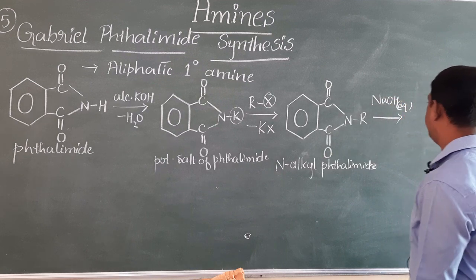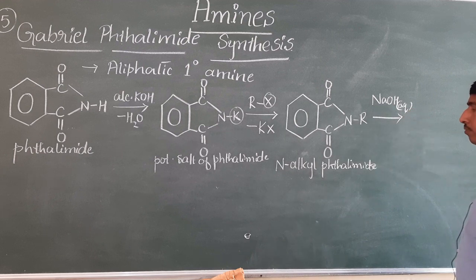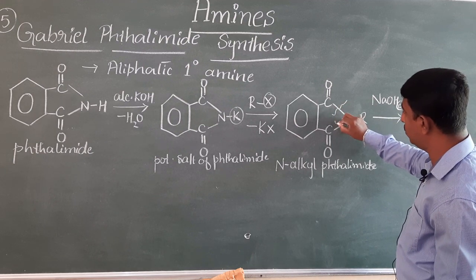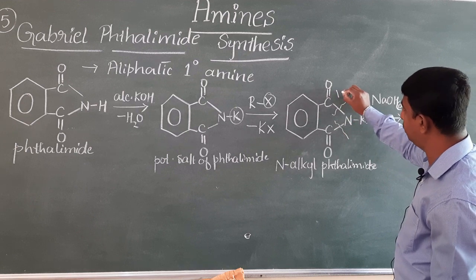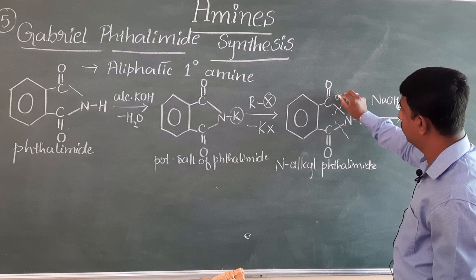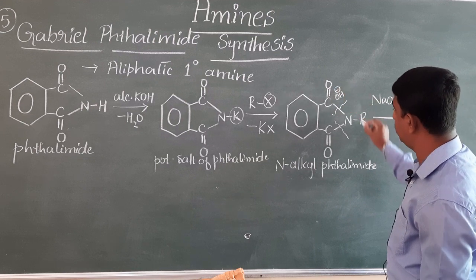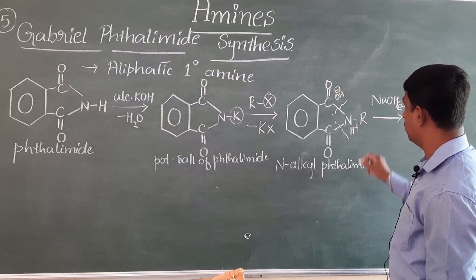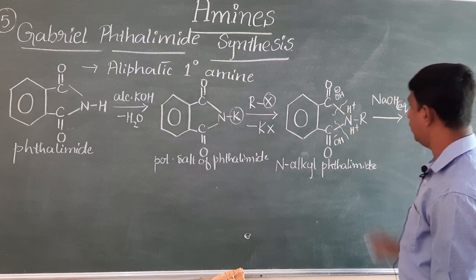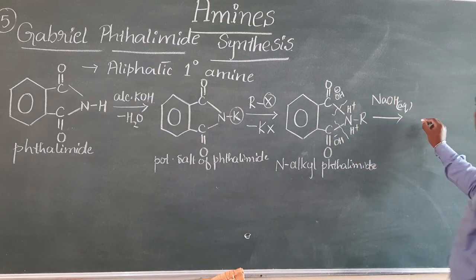Next step. This N-alkyl phthalimide, in the last step, is subjected to alkaline hydrolysis. So it is treated with aqueous solution of sodium hydroxide. Hydrolysis means cleavage of a covalent bond. So here it is OH minus, H plus; here also H plus, here OH minus.